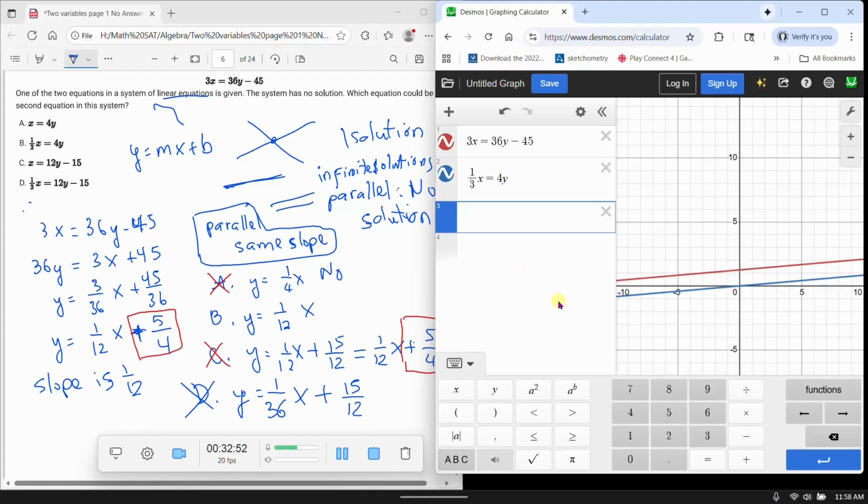If you put C in, you're going to see the overlapping. I want to show it to you. This is helpful for some other SAT questions. And you can see it's overlapping with the red. It's on top of the red. So they have infinitely many solutions.